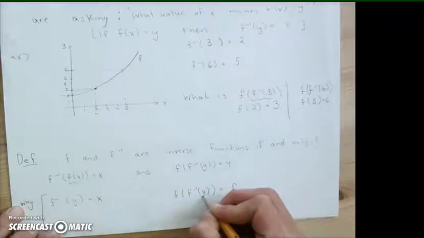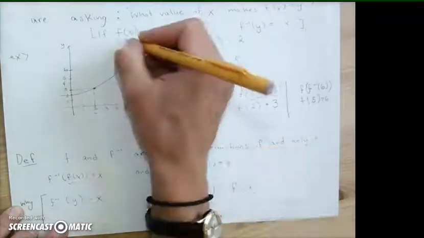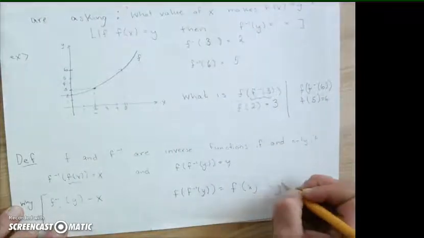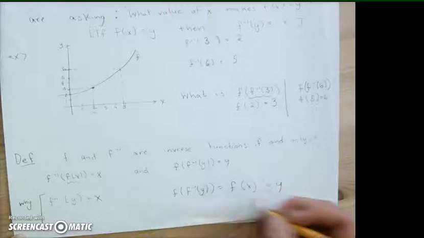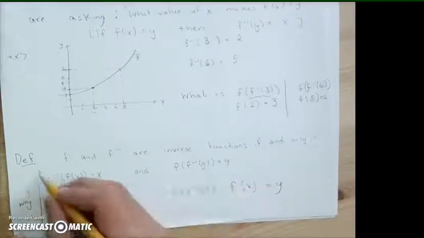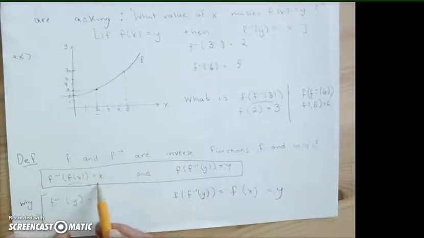F inverse of some value y is going to equal x if, when we plug x into f, we get y out. So f of x has to be y. So these two compositions will always give me the thing that I plugged in. This is the true definition of inverse functions. Compose them, get out what you started with.